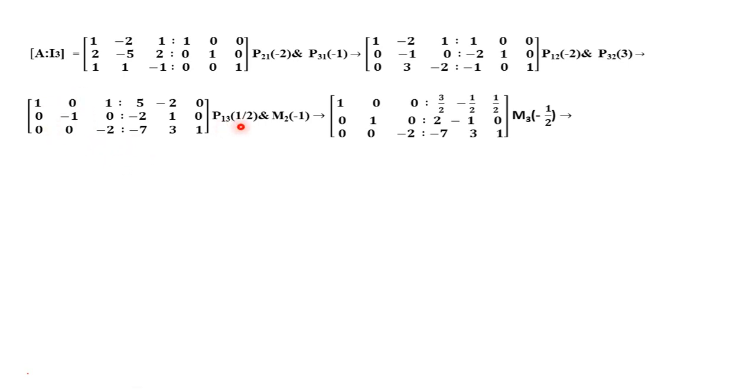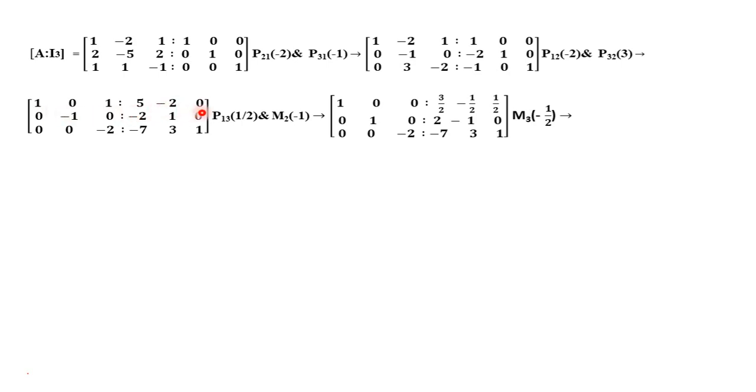So we perform two elementary row operations. The first one is P1 3 of 1 by 2, that is, multiply the third row by 1 by 2 and add it to the first row so that the first row gets changed.